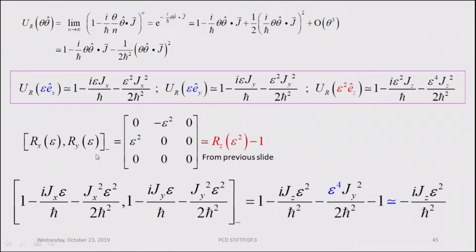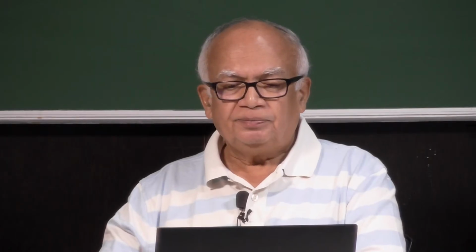So, this is the commutator of the rotation operators, and this is the same commutation result, but in terms of the generators of those rotations, which are the angular momentum components. So, this is Rx: you have 1 minus I jx epsilon over h cross, and then the quadratic term coming from jx square. This is Ry: I have 1 minus I jy epsilon over h cross and the jy square quadratic term. All the higher order terms, epsilon cube and so on, are dismissed in this approximation.